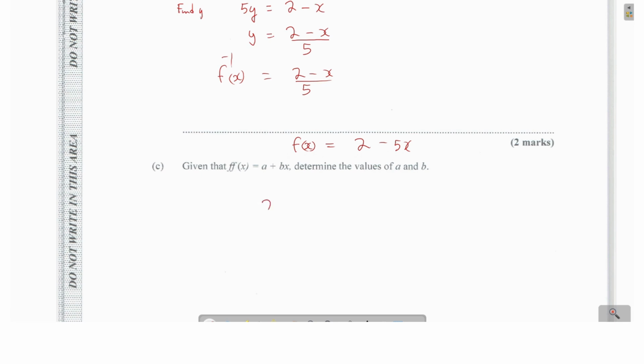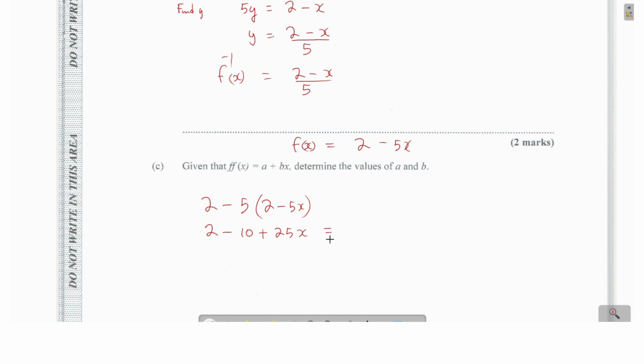So we're going to have 2 minus 5x followed by f. And we know that f was 2 minus 5 times the value of x, which is this. Therefore, we have 2 minus 10 plus 25x.